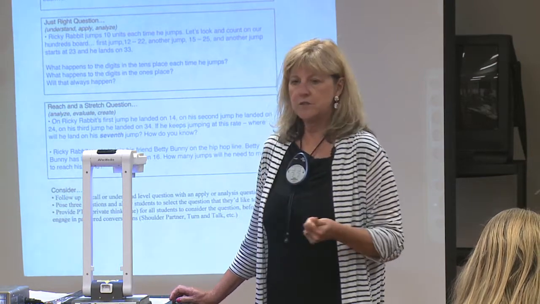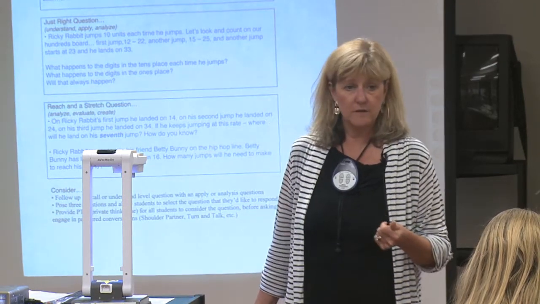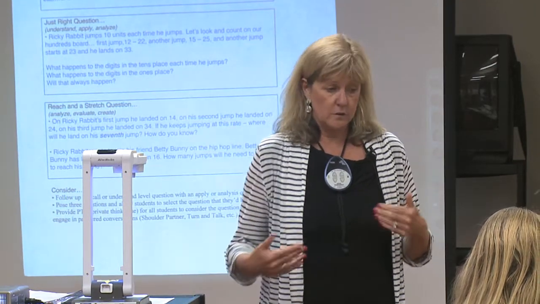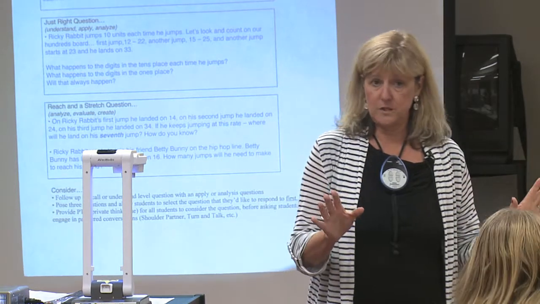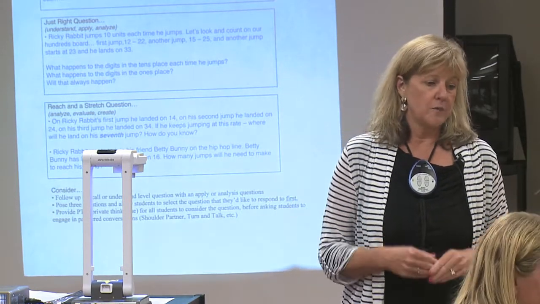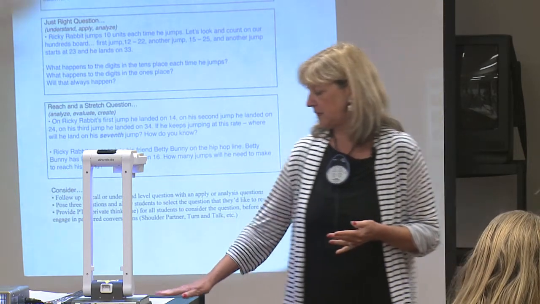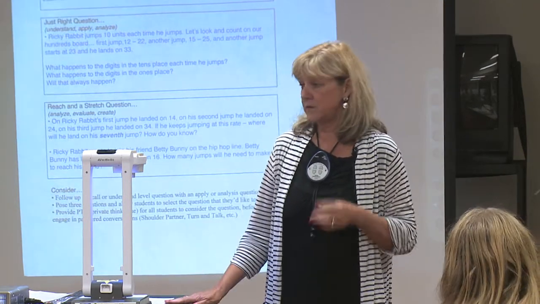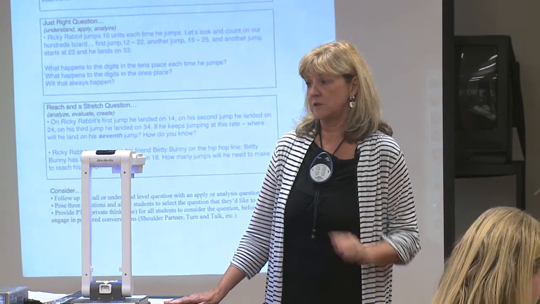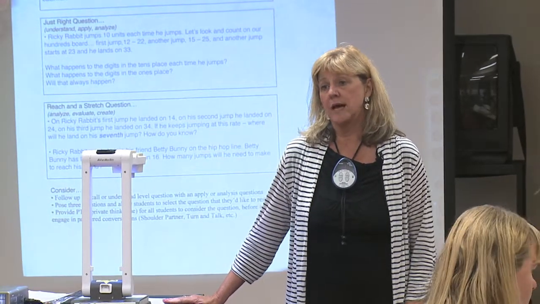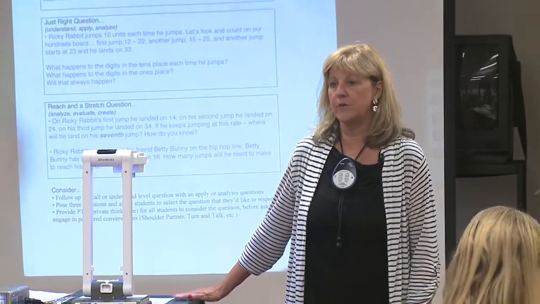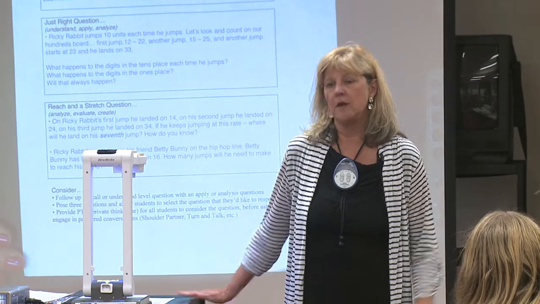So if you're with your teaching partner, you can work together. If you're by yourself, you and a friend can decide to work together as well, or you can do this by yourself. But you have the handout, you have a blank one, and your goal is to think of 3 differentiated questions. Because how we're going to use these in the classroom is I'm going to post all 3 of these questions on a sentence frame.